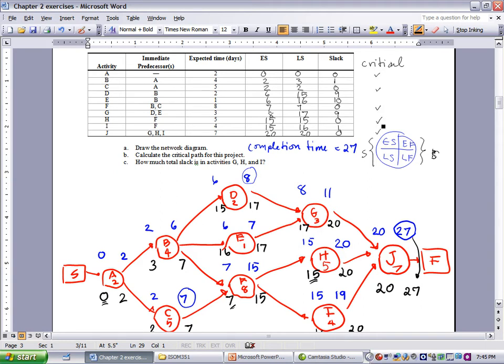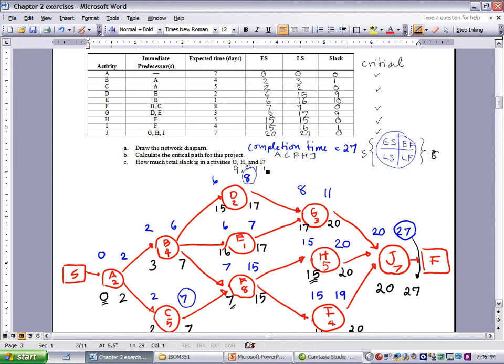So in this case the critical path will be A, C, F, S, J. Okay, total slack in activity G: G has slack of 9. Okay, H has slack of 0 and I have slack of 1.